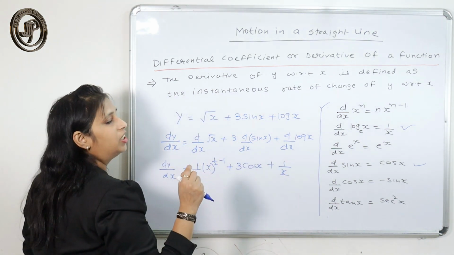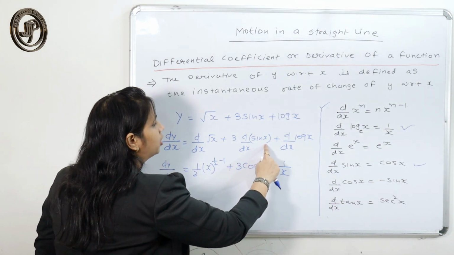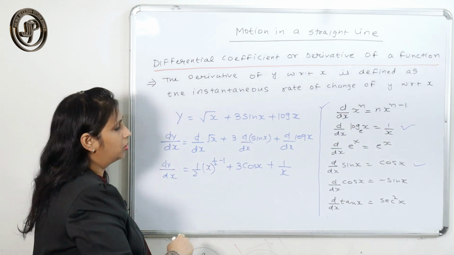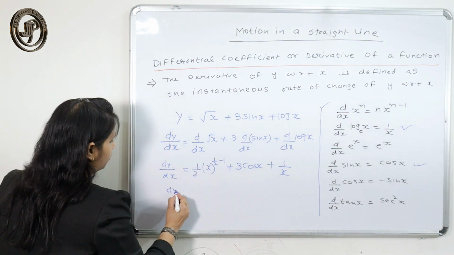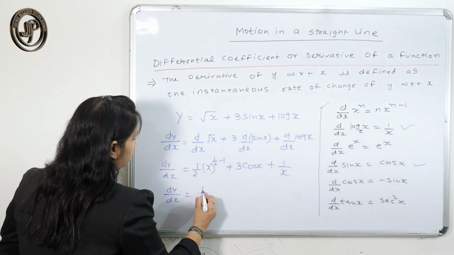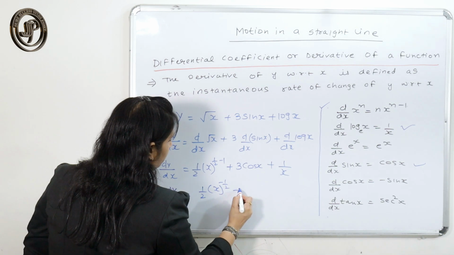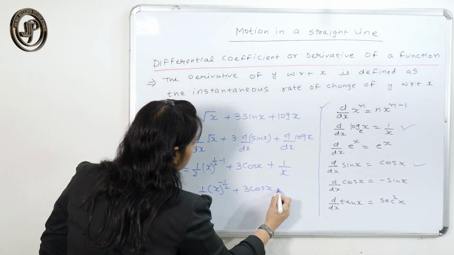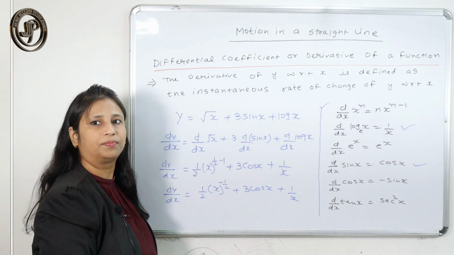If the function is other than an algebraic function, like a trigonometric function, we just apply the formula accordingly. Further simplifying, we will get 1 by 2 x raised to minus 1 by 2 plus 3 cos x plus 1 by x. This will be my answer.